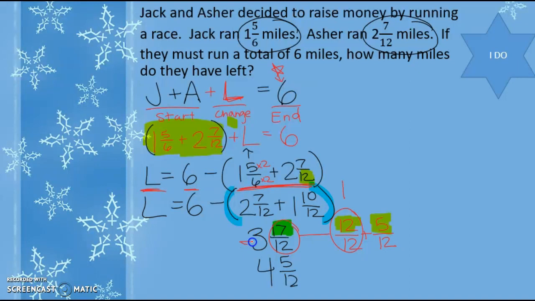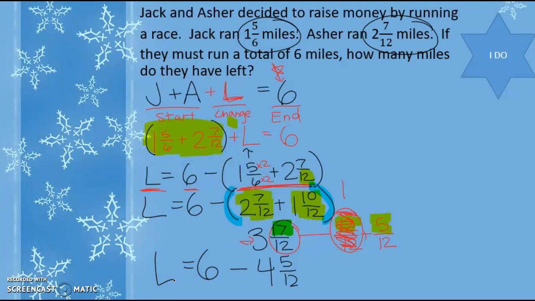So our number here, 3, goes up to 4 because we have a whole right here. This is a whole and 5 twelfths. So when we add 2 and 7 twelfths and then 1 and 10 twelfths, we're going to end up with 4 and 5 twelfths.